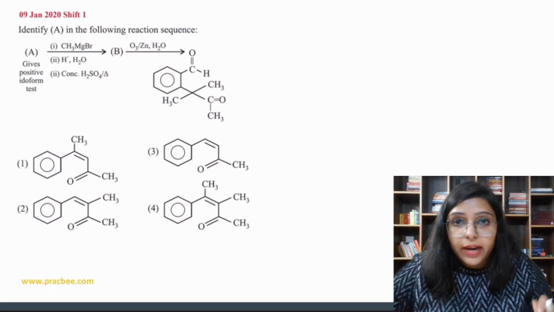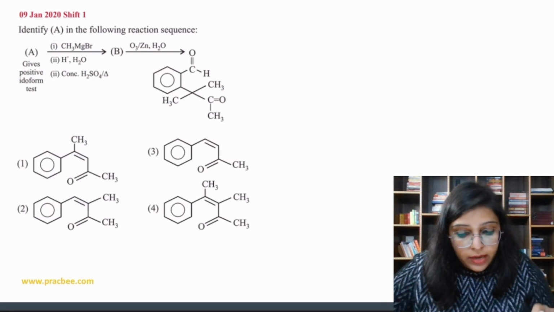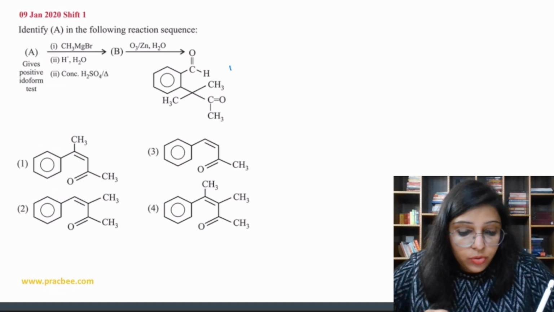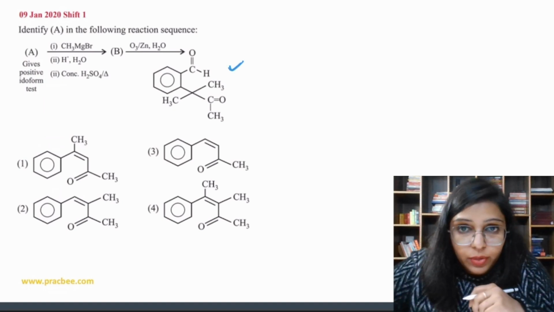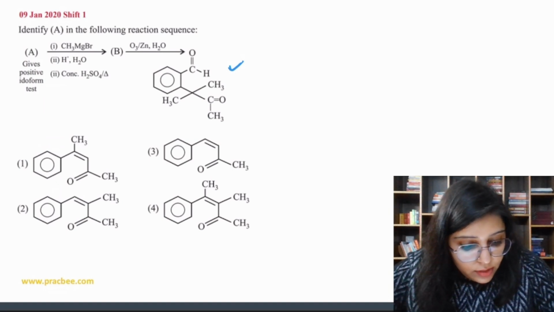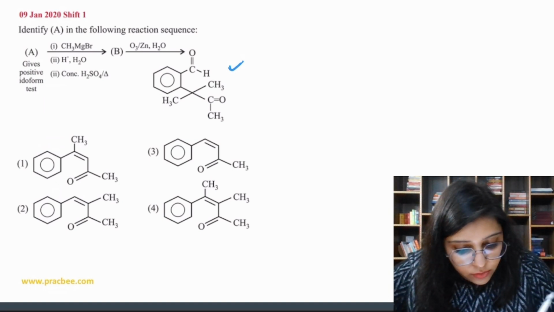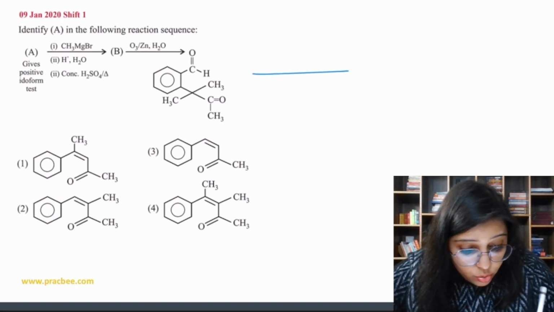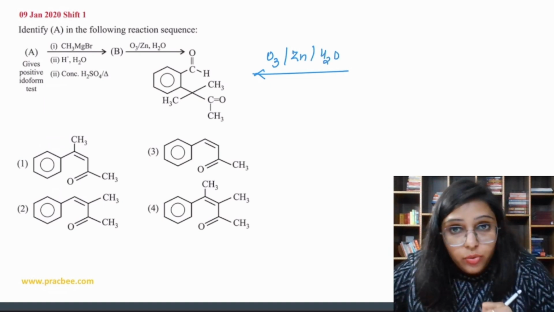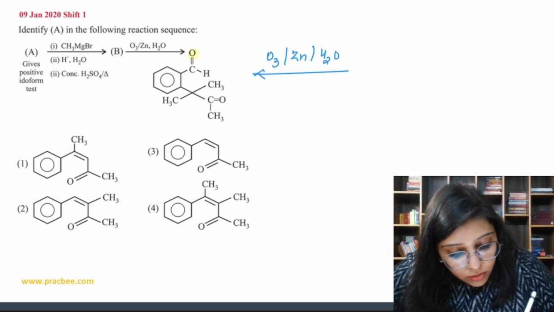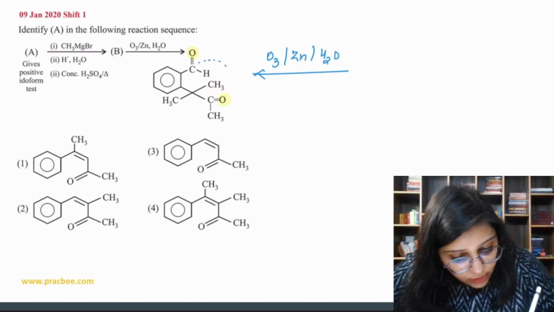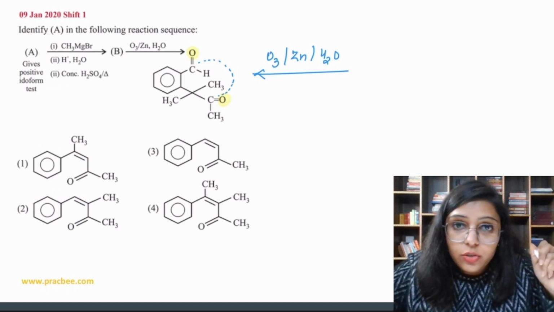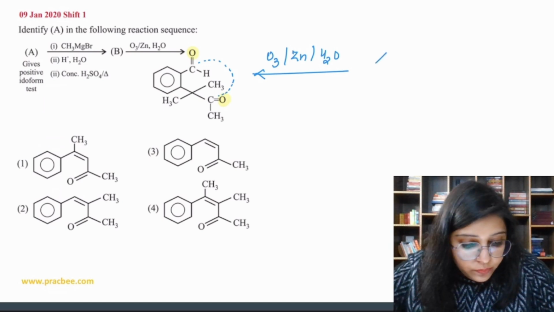Next question. Identify A in the following reaction sequence. So this is the product, and we have to do the reaction backwards. See, we have this, which is formed after ozonolysis, right? After ozonolysis, O3 and Zn H2O. So what are we going to do? Just remove oxygen and join these two carbons, and we get an alkene.